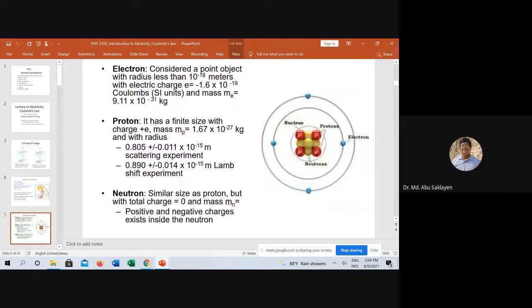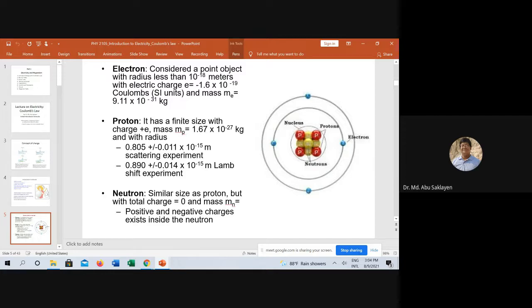So here are the properties of the elementary particles: the mass of the electron, the charge of the electron, and of the proton and neutron. These are the properties of the elementary particle.